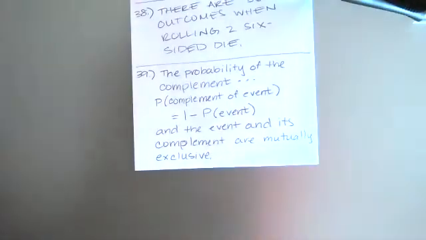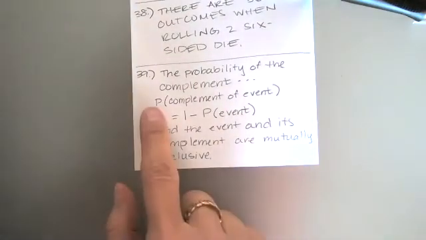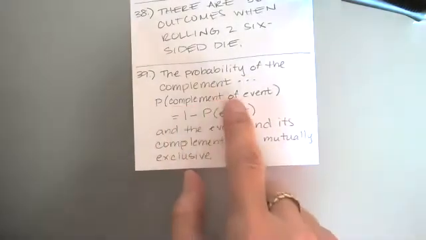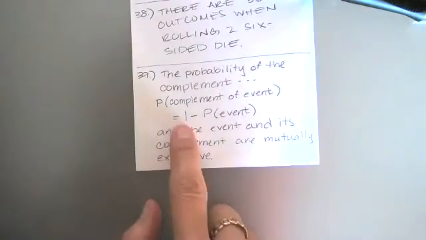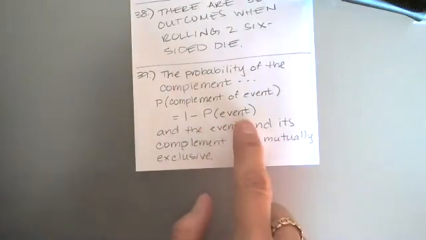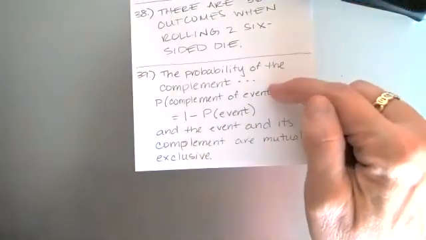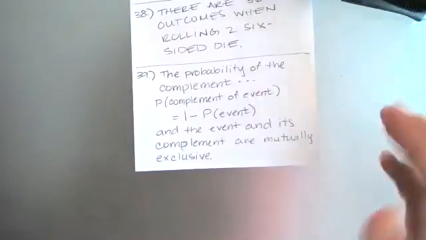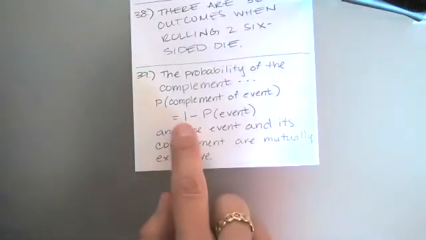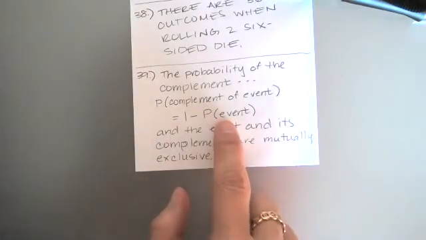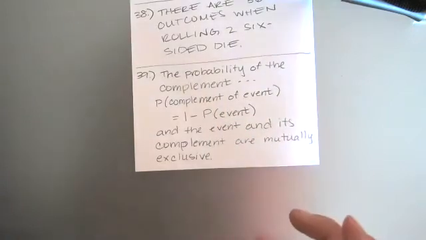Okay, so I've written down the probability of the complement. So that's the probability of the complement of the event equals 1 minus the probability of the event. So the complement of the event and the event have to be mutually exclusive for this 1 minus all the other outcomes to work.